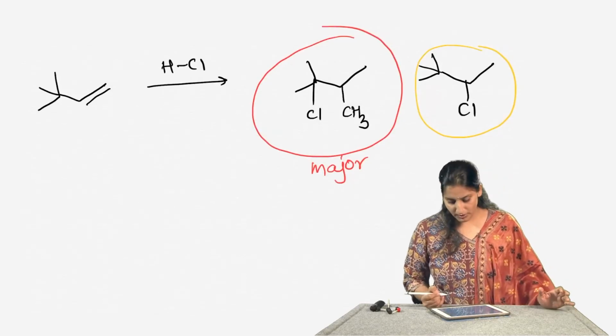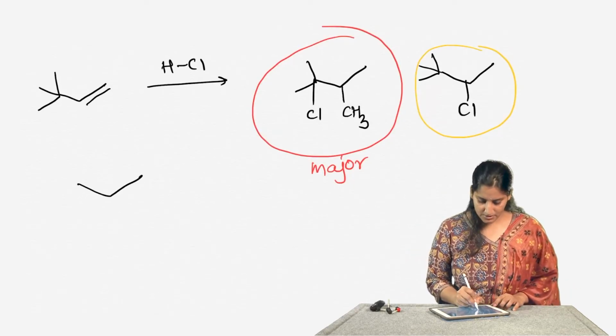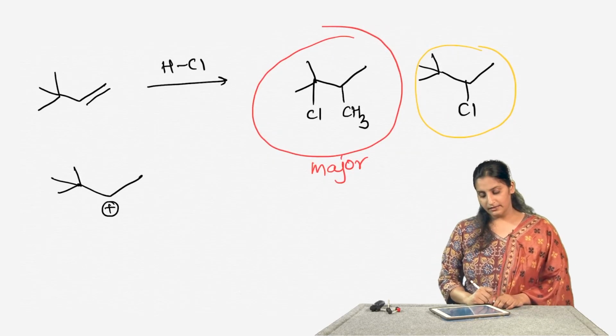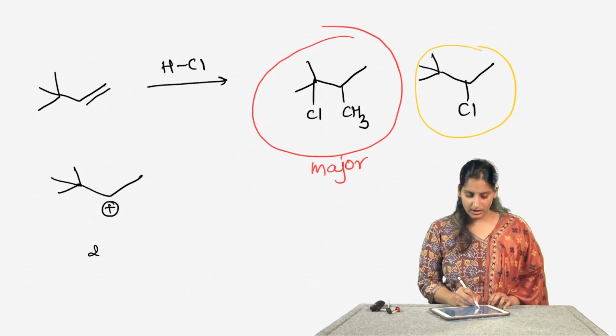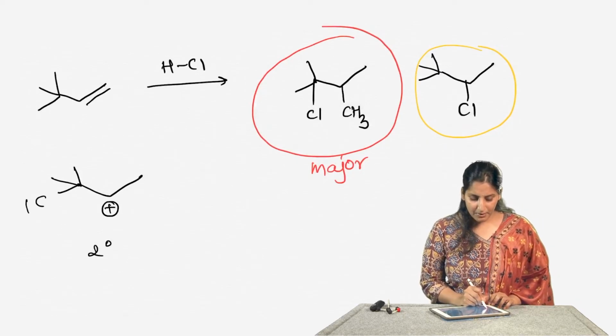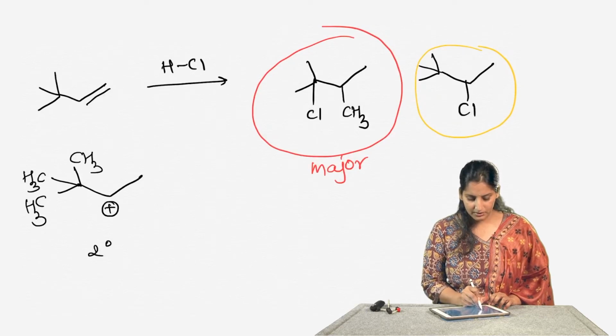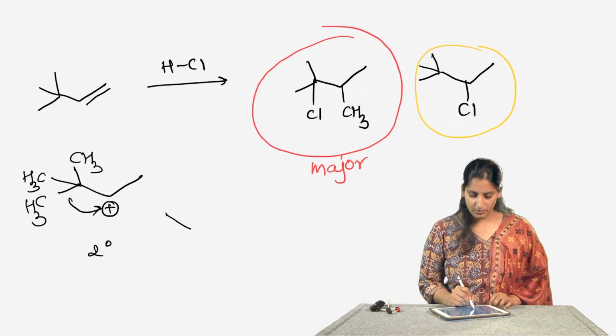Again, if we walk through the mechanism, the first step is the formation of the carbocation, right. And if you think about it, it is a secondary carbocation, and if I am able to move a methyl group from this adjacent carbon towards this carbocation, then I can form a more stable tertiary carbocation.